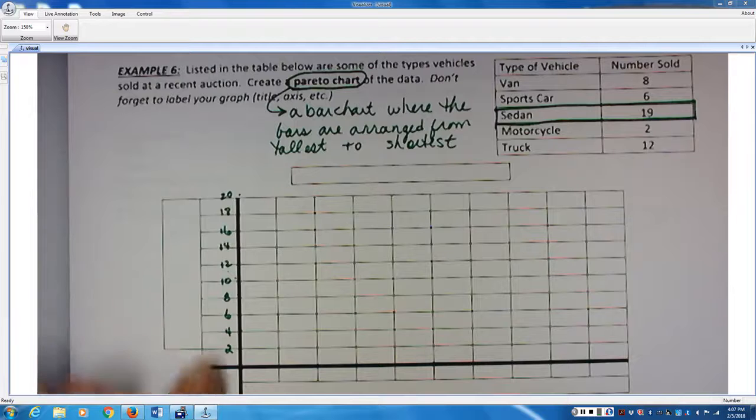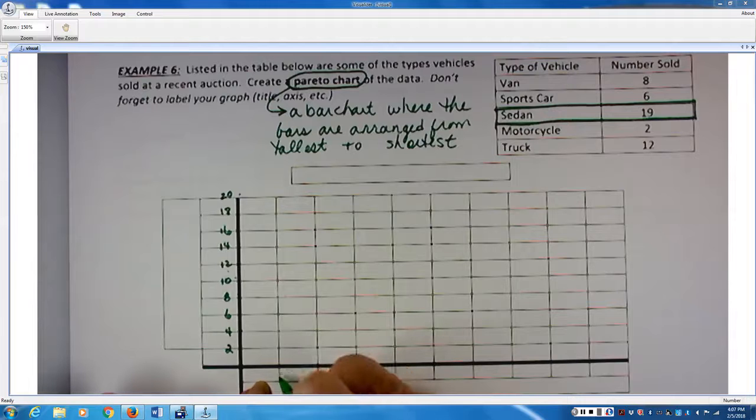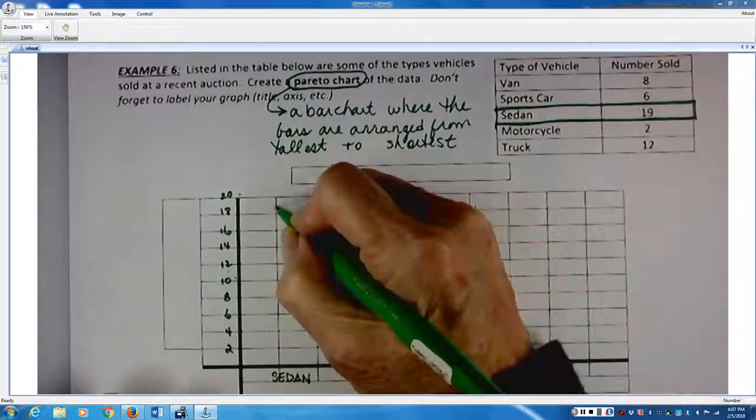Because I can go halfway between two of those to get the odd numbers. So here's my sedans. They're going to go up to 19.